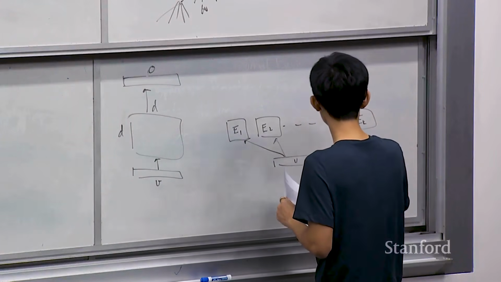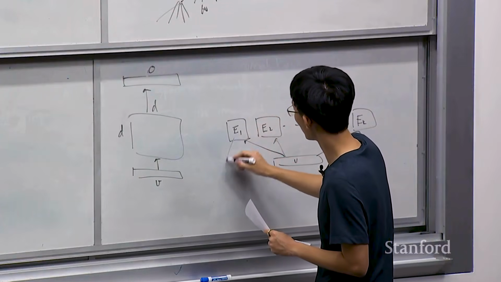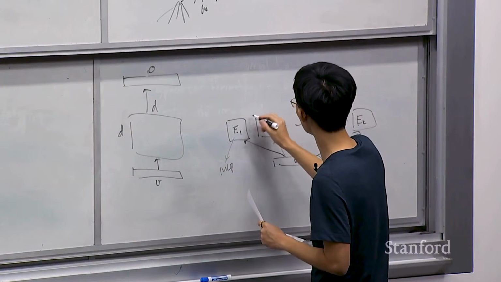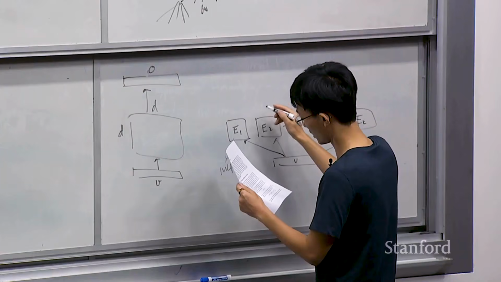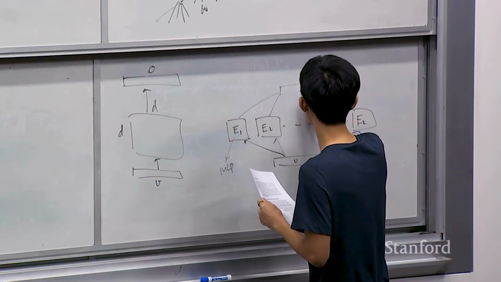You decide which subnetworks you send to, each of these Ei is an MLP, and then you aggregate. Actually, the aggregation is just some average. You get an output vector.